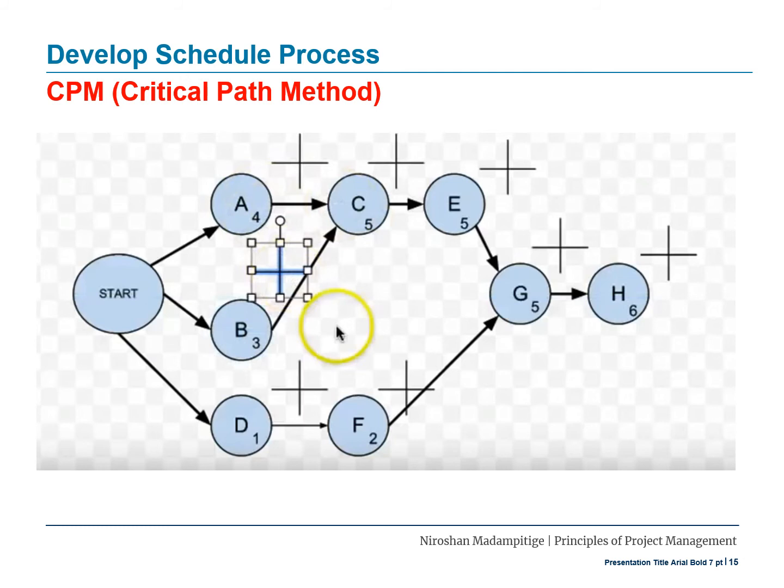Then for you to calculate 4 figures, draw a cross in such a way that you can put the 4 figures in this area. So each node has to have a cross or 4 quadrants for you to calculate 4 figures.